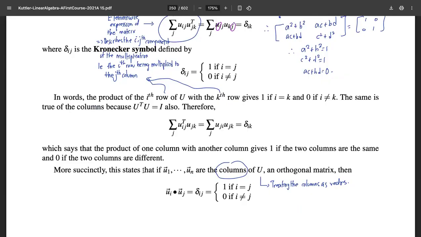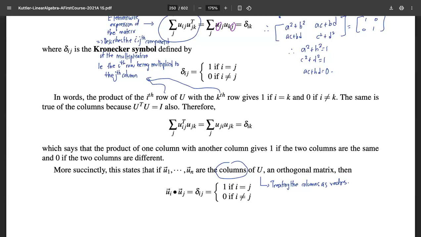So essentially all this tells us, and this is where we make a connection to the orthogonal set and orthonormal set, is that the columns of the matrix U are orthogonal.